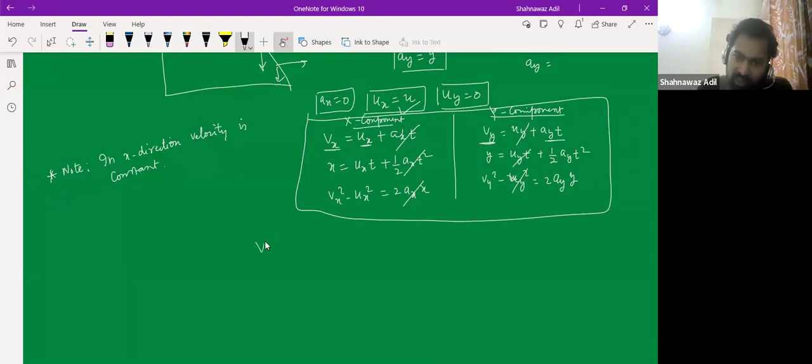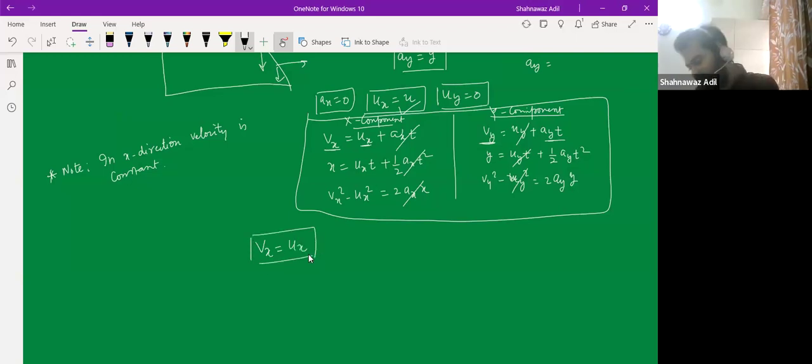We know that the final velocity in the horizontal direction will always be the same as the initial velocity. But for the final velocity in the y component, this would be ay, which is g, and t. So this would be the final velocity.